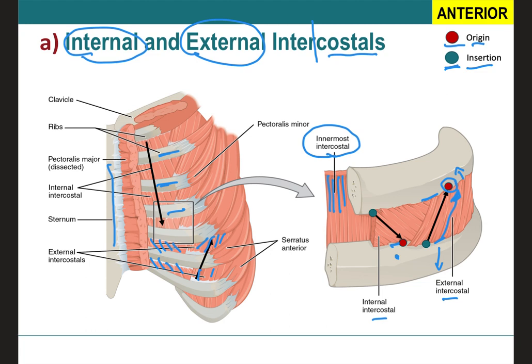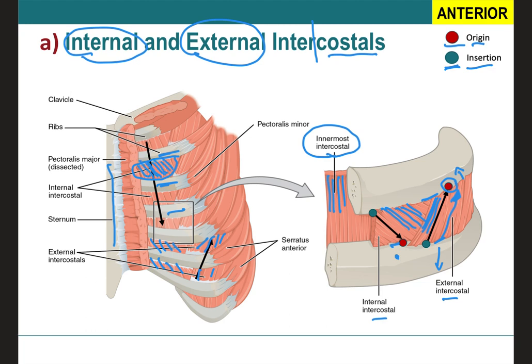One is going to run towards the midline, which is the external intercostal, and the internal intercostal will run away from the midline. On the bigger image, we can definitely see the internal intercostal over here, and it will be pulling the ribs down, therefore depressing the ribs.